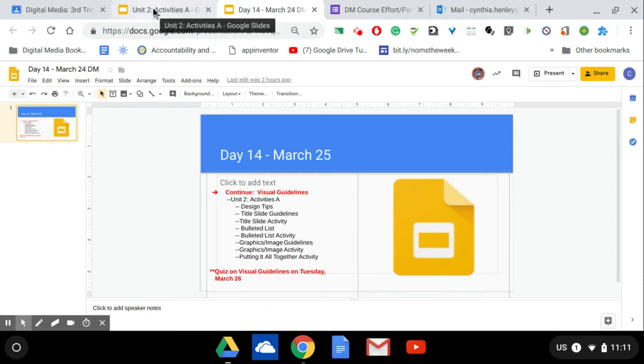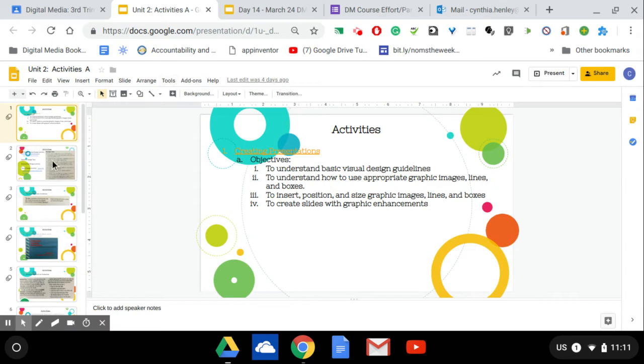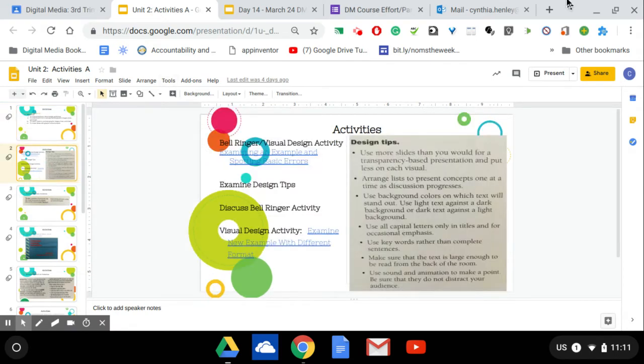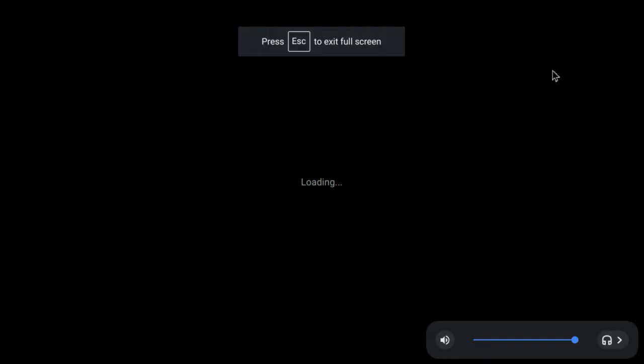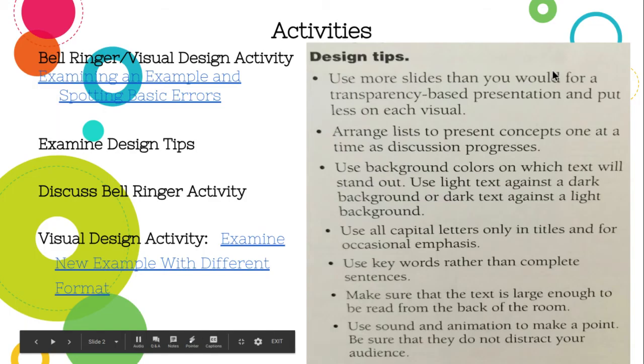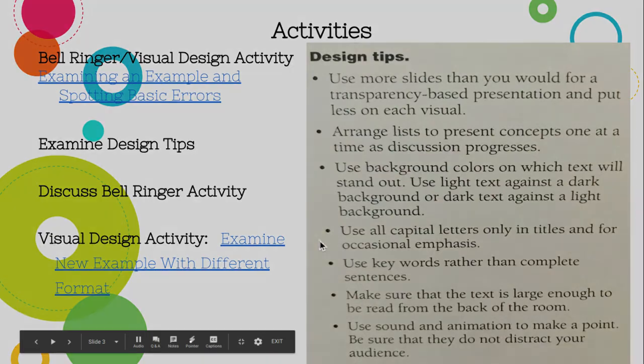So I'm going to go ahead and open up the Unit 2 Activities A slideshow. And on slide 2, this was something that we reviewed again today. Okay, slide 2 is not new information. I presented that on Friday, so please make sure that you're looking at the information, paying close attention to the information here on the right.